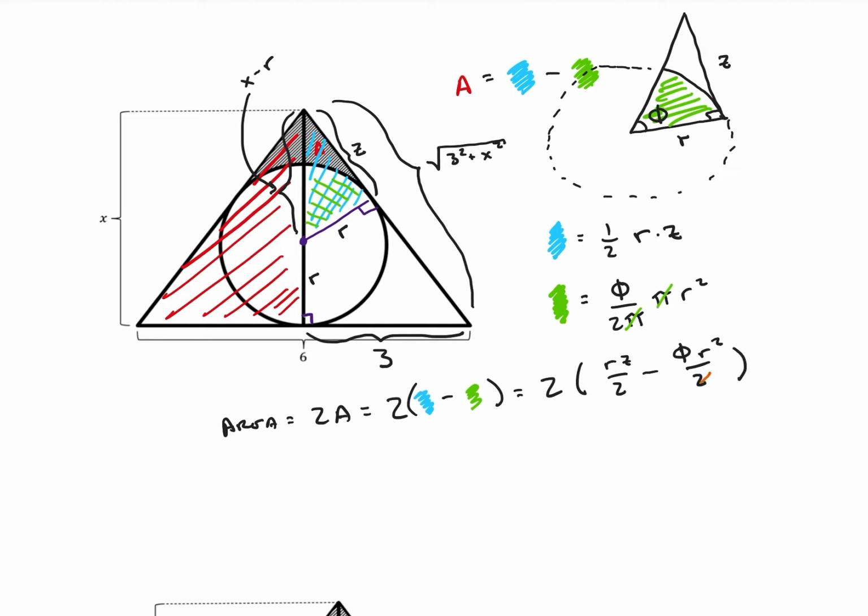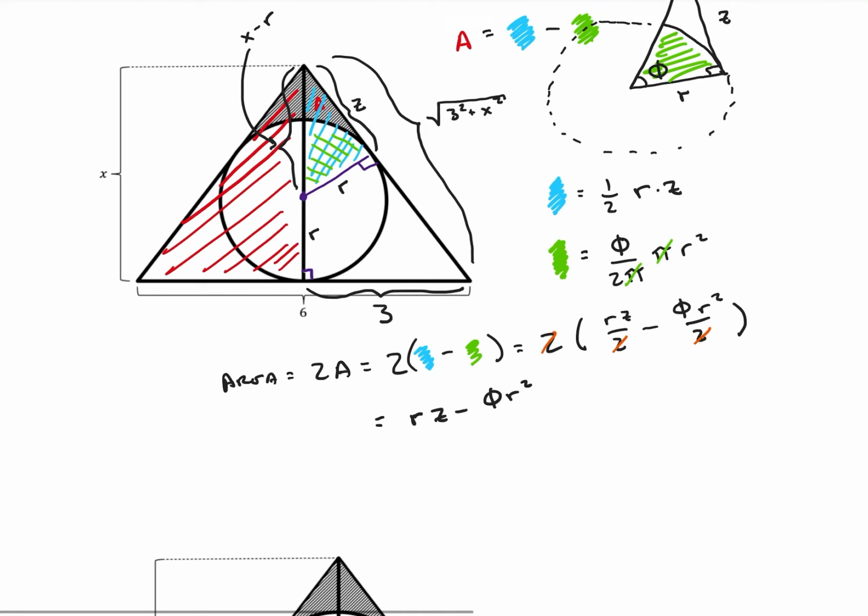We get a little bit more cancellation with all the 2's. So my total area that I'm looking for is going to be rz minus phi r squared, and that's the expression I'm looking for. Unfortunately, as of right now, I don't have r, z, or phi, so that is a little bit of a problem.